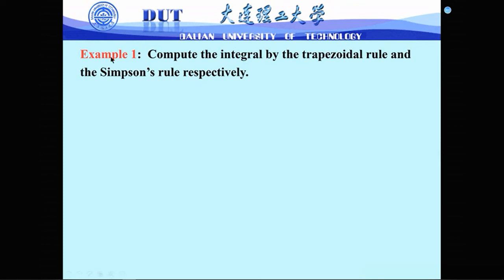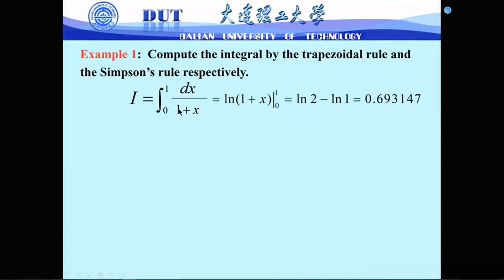The first example, let's compute the integral by the trapezoidal rule and the Simpson's rule respectively. The integral is 1 over 1 plus x, the integrand function, on the interval from 0 to 1. Of course, because we need to also check the accuracy, we can compute its exact integral.